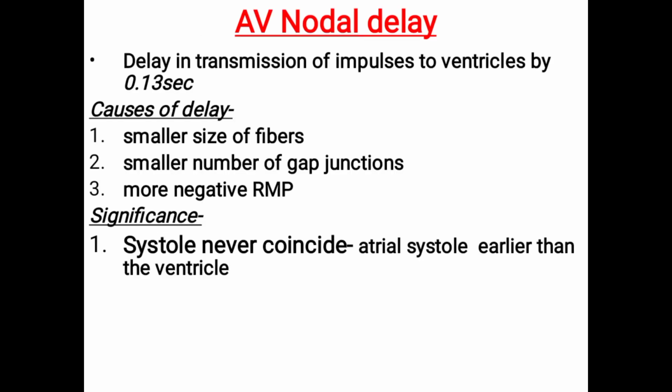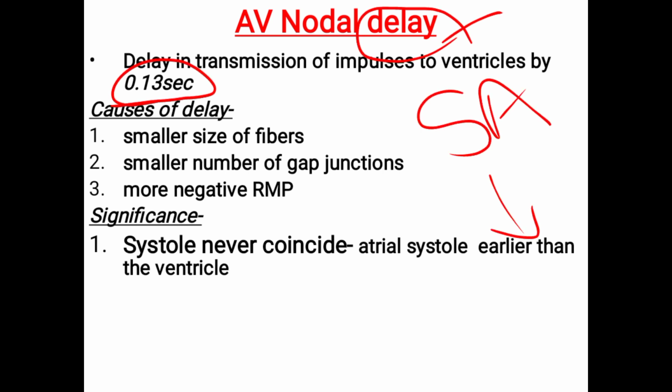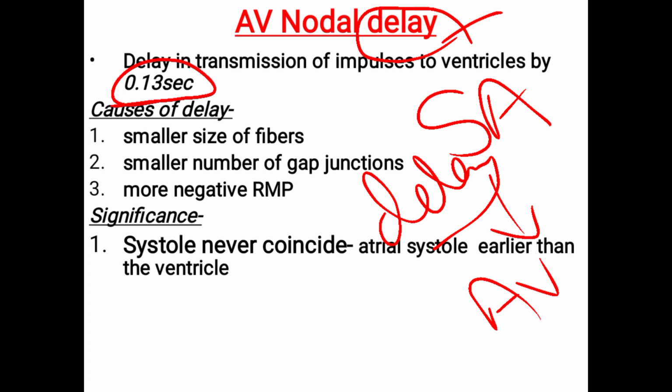Next is the AV nodal delay. AV nodal delay means a delay: the transmission of impulses from the SA node to the ventricles is delayed by 0.13 second. Since the delay occurs at the AV node, it is called the AV nodal delay of 0.13 seconds.